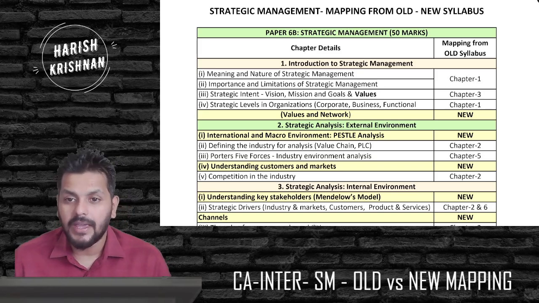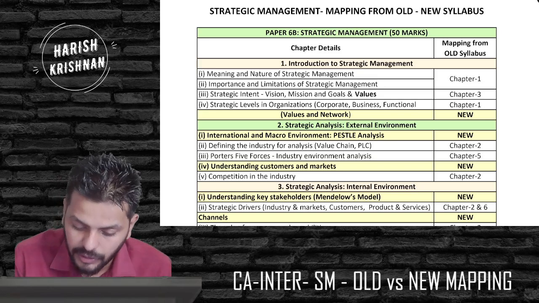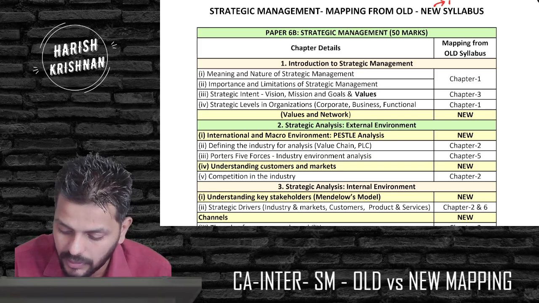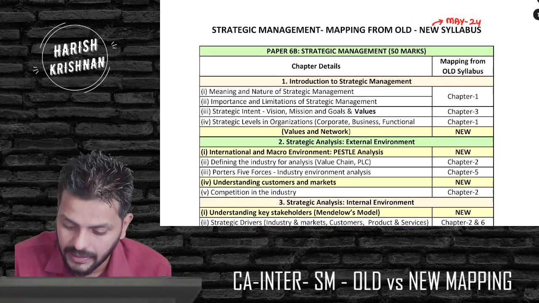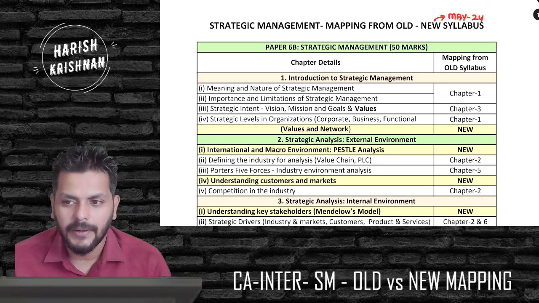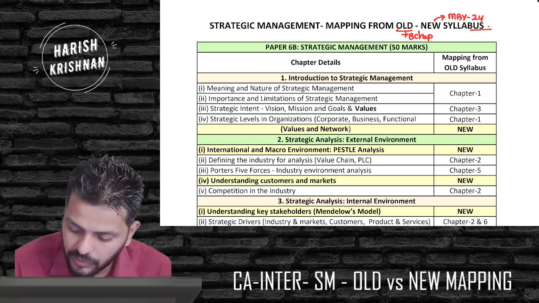Now, the syllabus effective May 24, which I'm going to call the new syllabus. Just for identification, we will call it the May 24 syllabus, while the old one is what was in vogue till now. Going by that logic, the old one had about 8 chapters, while in the new syllabus we will be having only 5 units.